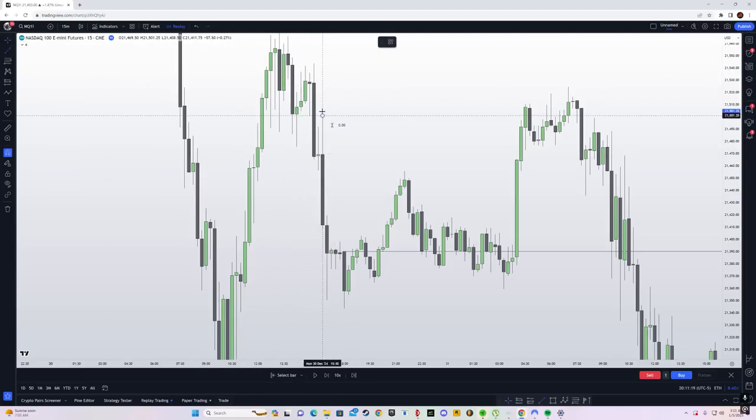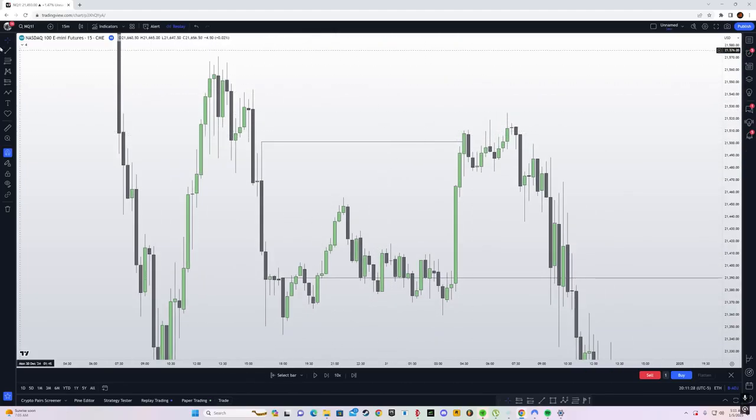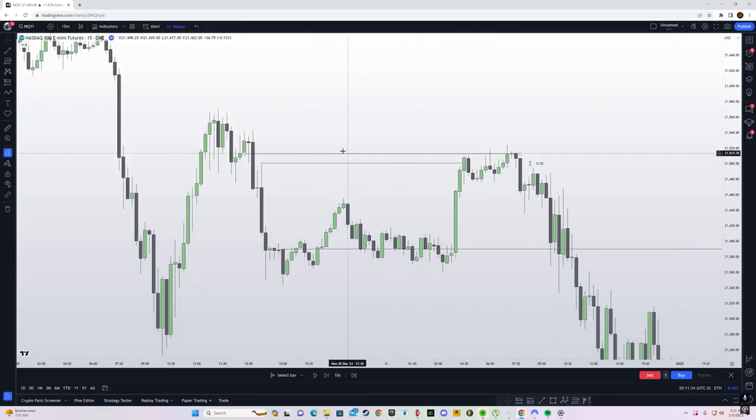Over here, what do we have? We have a short-term high that was swept. Now, look also here, we have this order block, right? Very simple stuff. So, price pushes up.